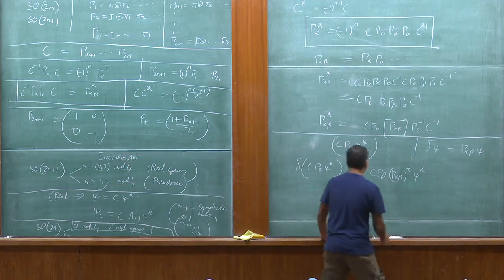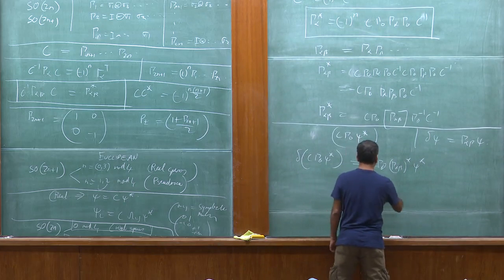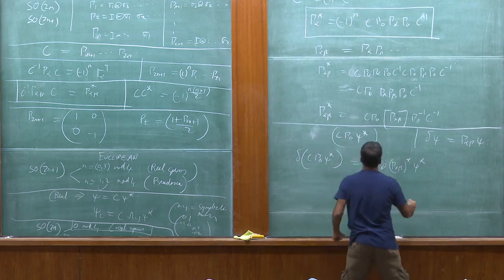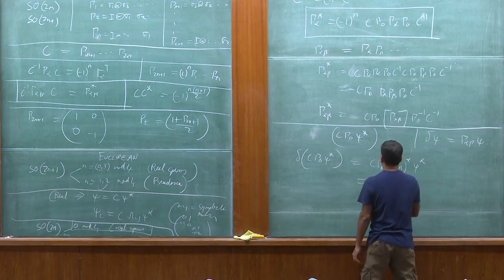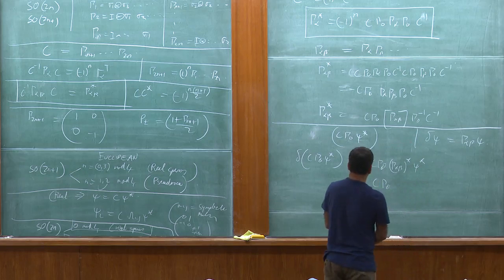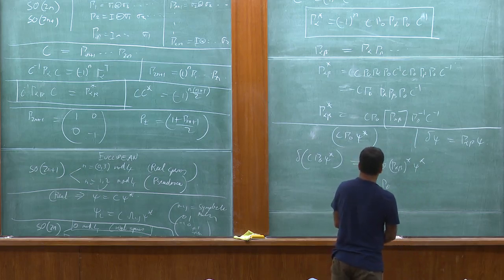Which is equal to C times gamma 0, and now we add this thing here.